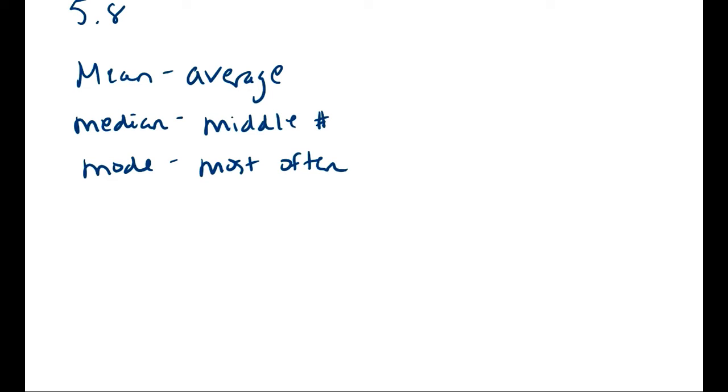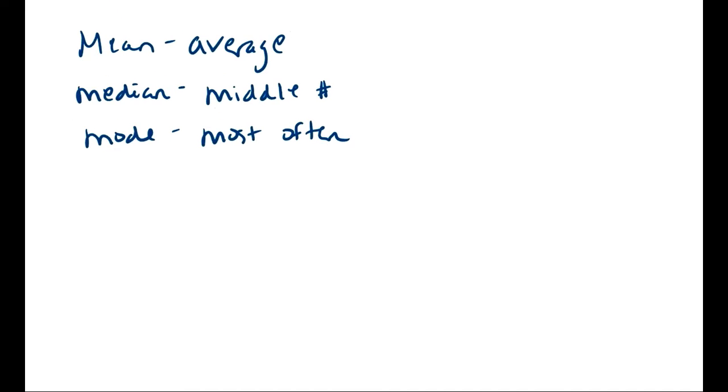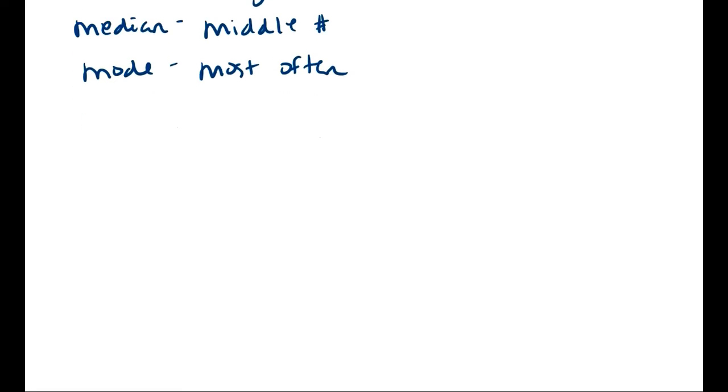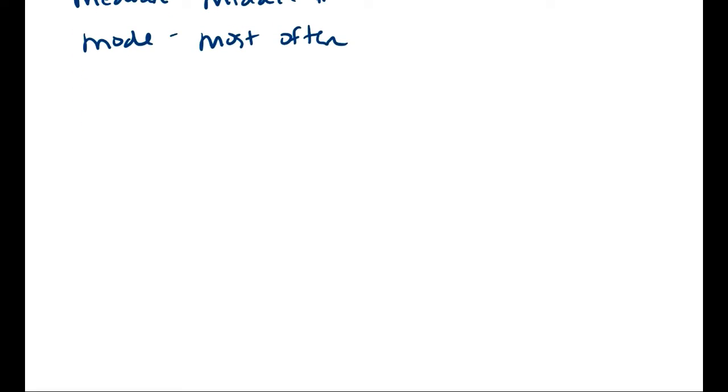Okay, again, hopefully that's review for you. Hopefully you've seen these words and you've worked a little bit with dealing with a system of numbers and having to find the mean, median, and mode. So I'm just going to do one example and do all of it for this set of numbers. And again, there's more examples in the book, and if you need more examples, you can always just let me know.